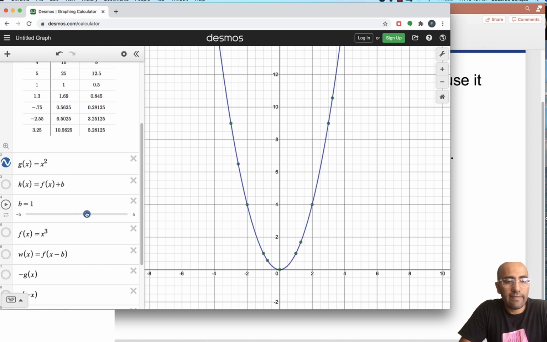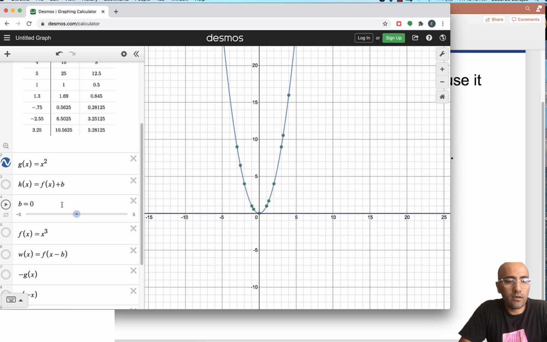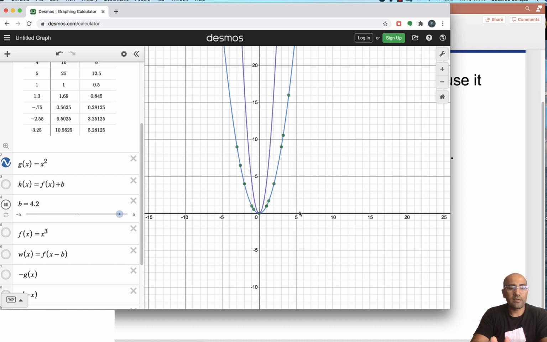If we multiply by a value between 0 and 1, it gets wider and wider until we get to 0. And if we continue and multiply by a negative number, we get a reflection about the x-axis. So that's the way it changes based on whether the constant is bigger than 1, between 0 and 1, or negative.